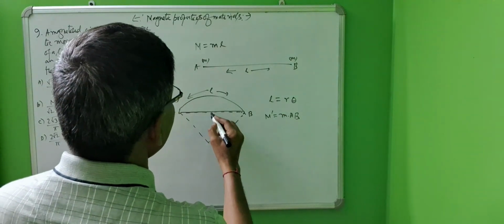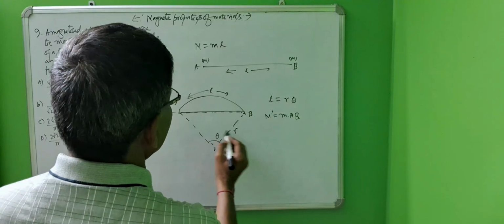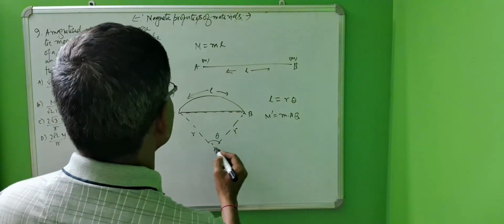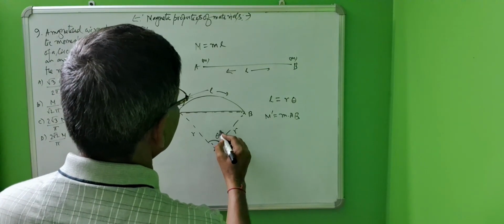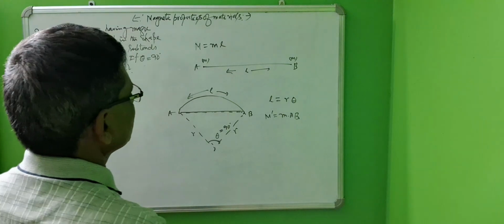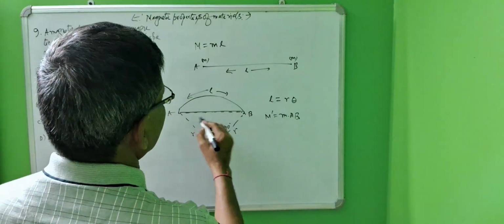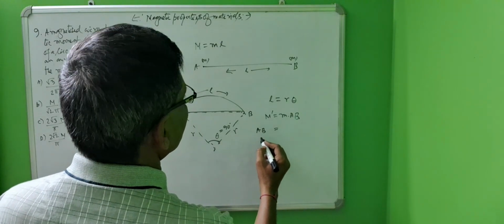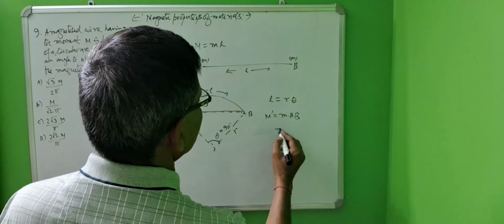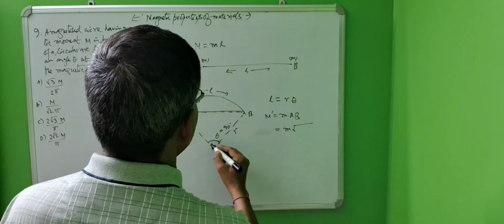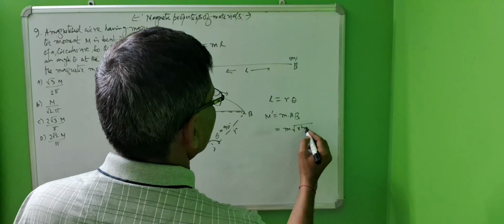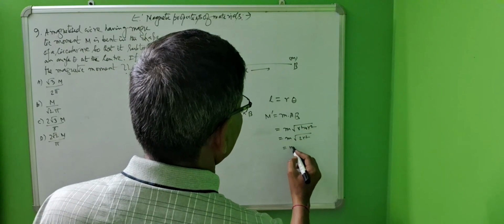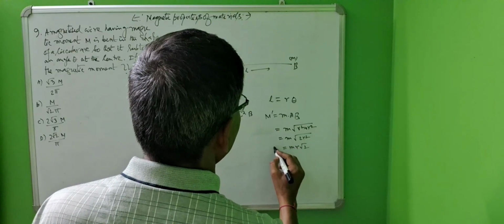What is the value of AB? This one is R, this one is also R. When the angle is 90 degrees, we can write AB as root over R square plus R square, equals root 2 R square, equals R root 2.